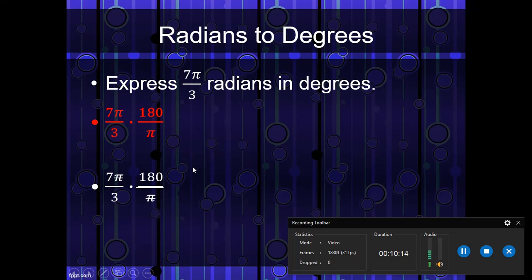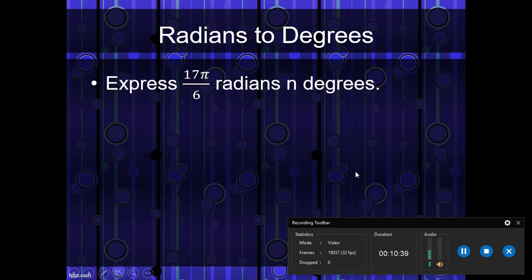And then we're going to multiply 7 times 180 and then divide that answer by 3. Be careful with the calculator or the iPad that it doesn't misunderstand the order. And we have 420 degrees. So we are greater than 180. In fact, 7 over 3 is greater than 2. So we've gone beyond 360 and we're moving back around for a second rotation.